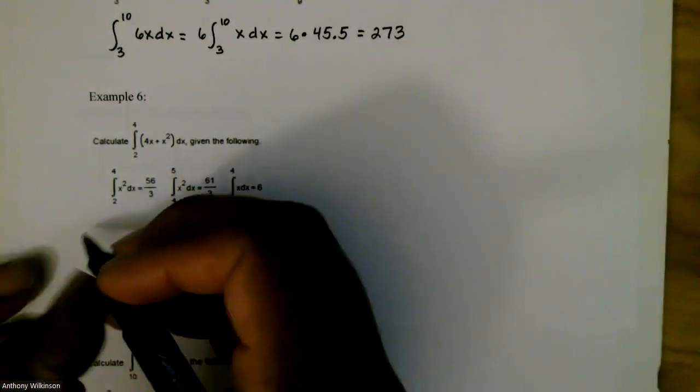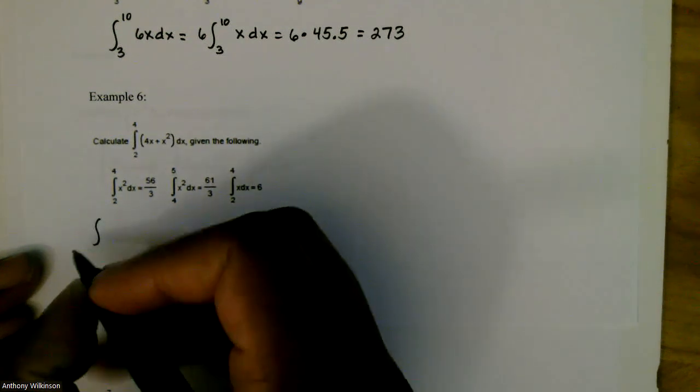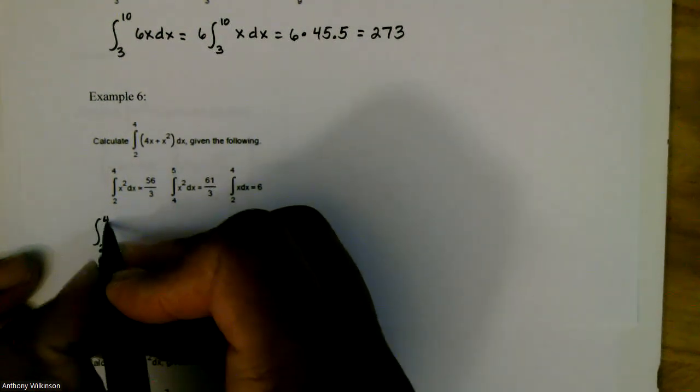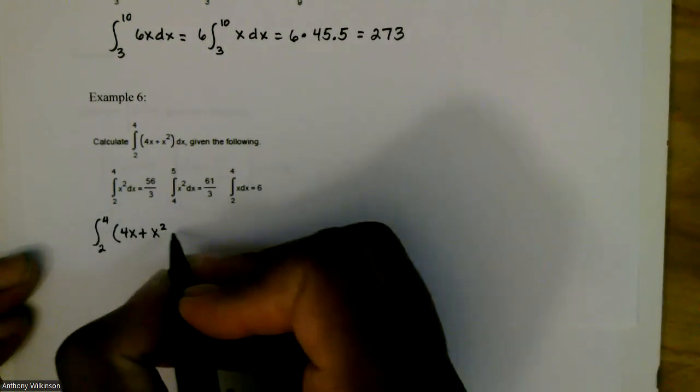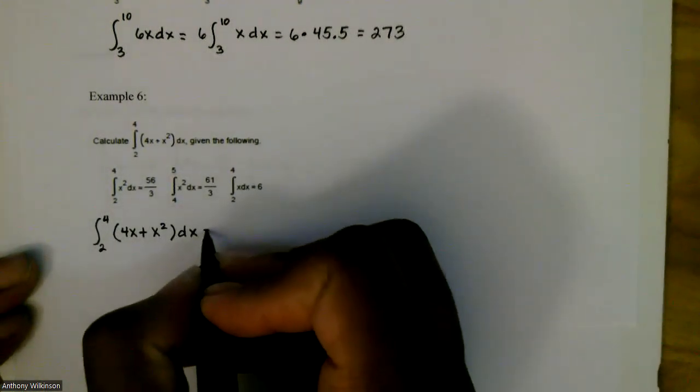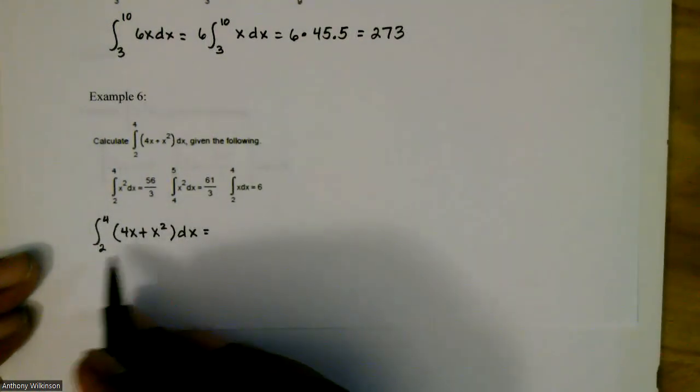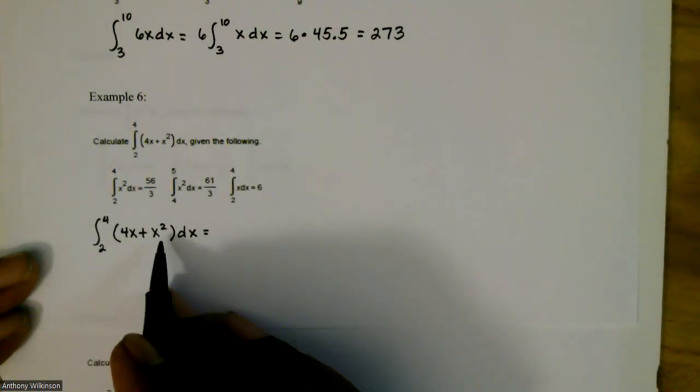Okay. So here's what we have. The integral from 2 to 4 of 4x plus x squared dx. Well, we got the integral of the sum. We can break that up as the sum of their individual integrals.